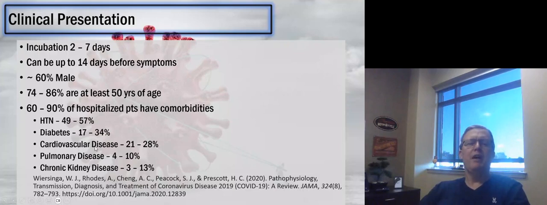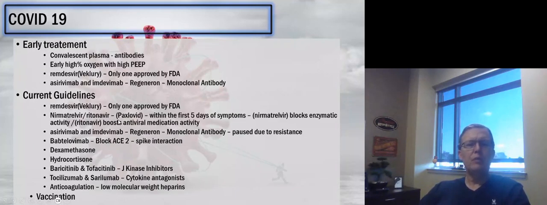So this would be heart disease and valvular disease and other things like that. So it was cardiovascular disease and diabetes that were the biggest and most lethal comorbidities associated with COVID-19.